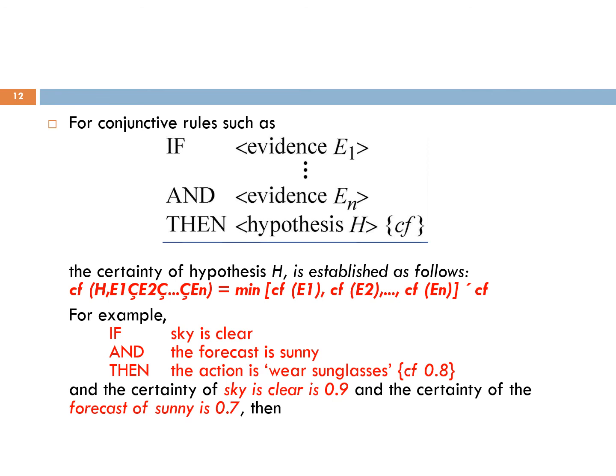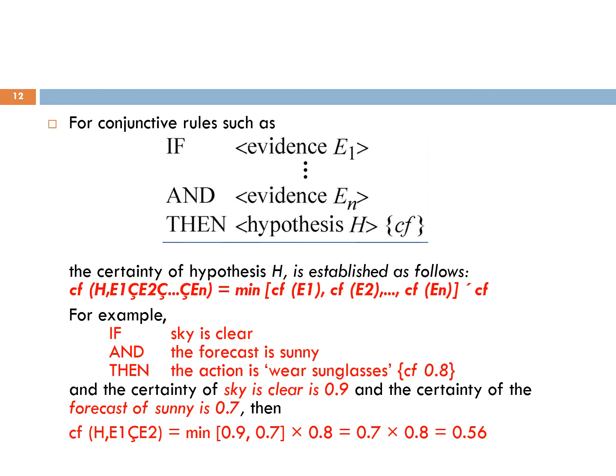Then based on the conjunction rule, we calculate the certainty factor of the action to wear sunglasses.